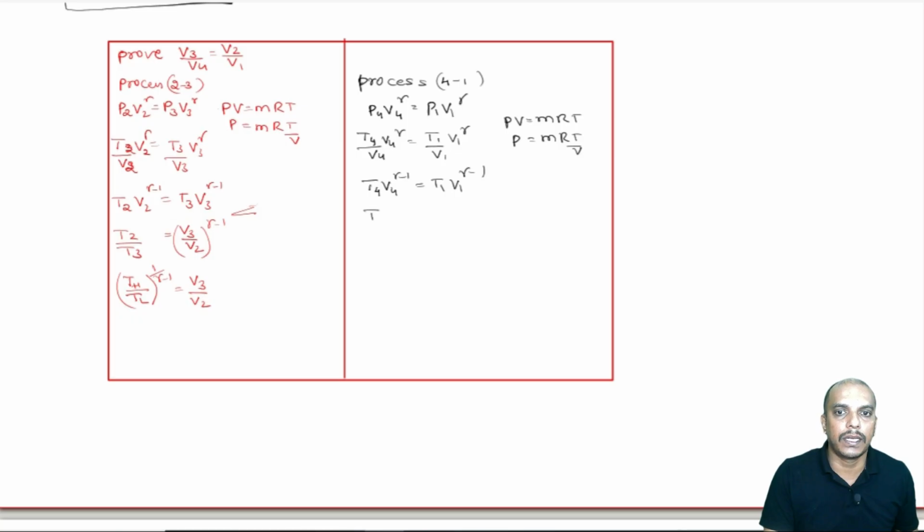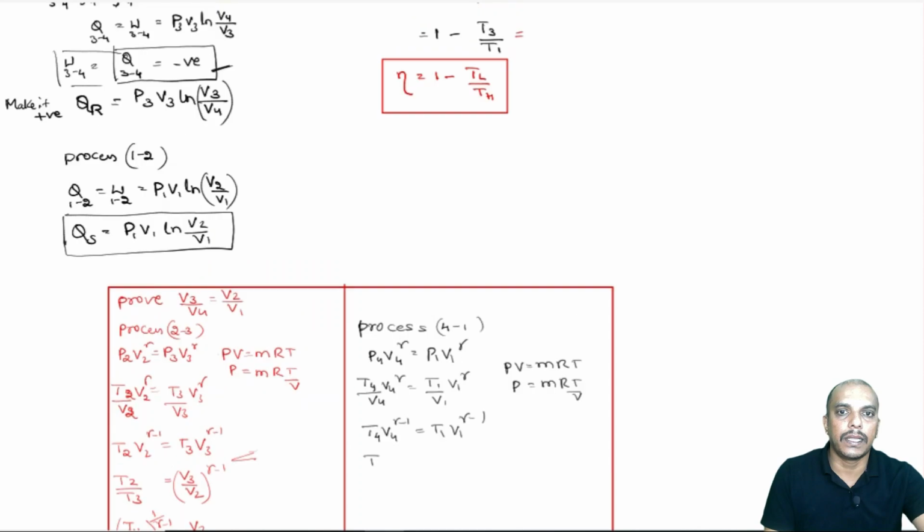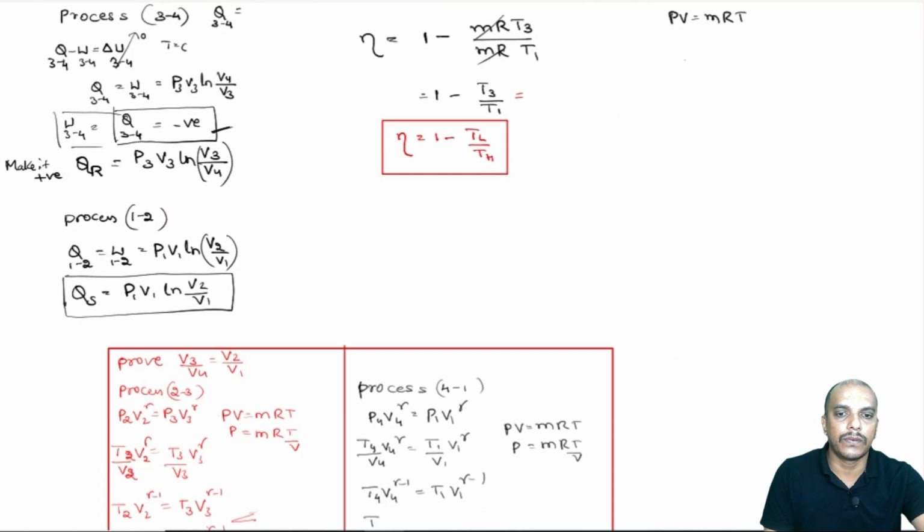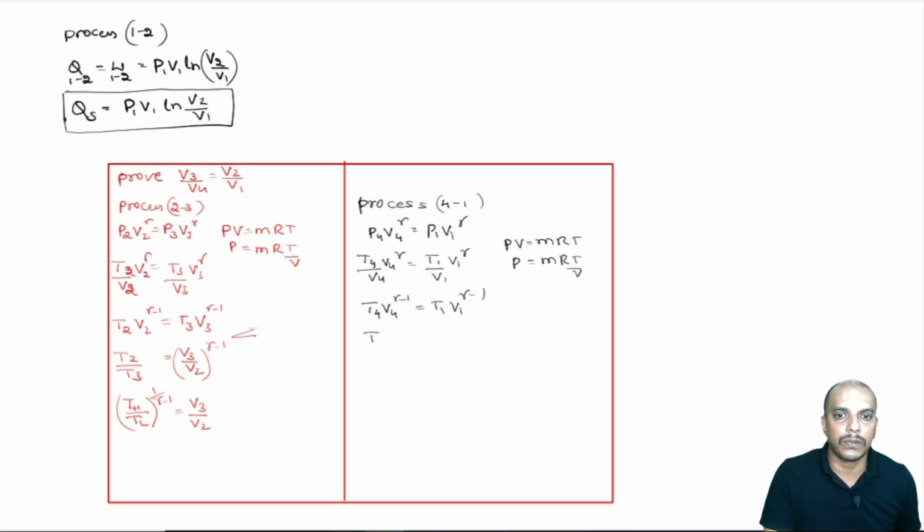So we can write TH by TL, that is what we would like to write. So T1 by T4, that is what I will try to write. So T1 I will keep here and send T4 here.